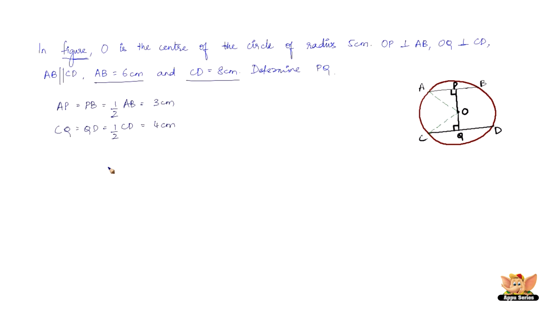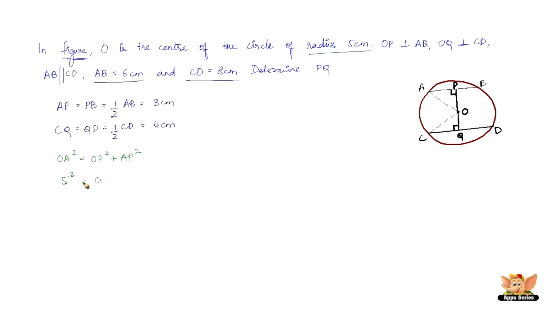Now let us consider the right triangles OAP and OCQ, one by one. Considering the right triangle OAP, we have OA square equals OP square plus AP square using the hypotenuse rule. OA square is equal to 5 square because OA is the radius of the circle, which is 5 centimeters.